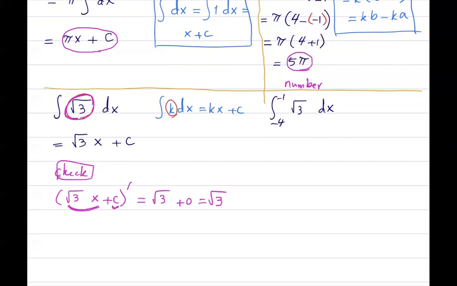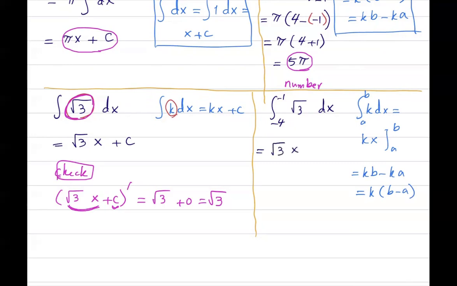Now for the definite part. Remember that the integral of k dx when x is bounded between a and b is equal to kx when x is bounded between a and b, or kb minus ka, or k times (b minus a). So in this case, you can write this as square root of 3 times x, and x is bounded between -4 and -1.